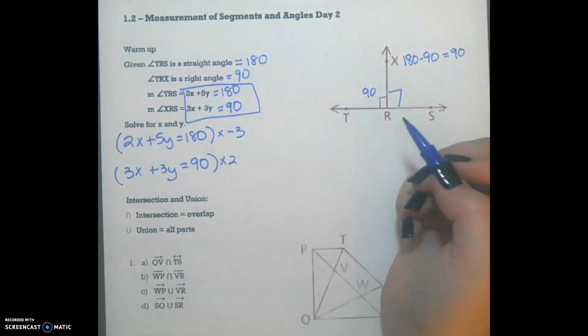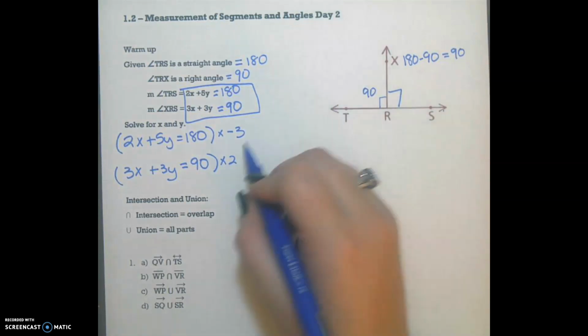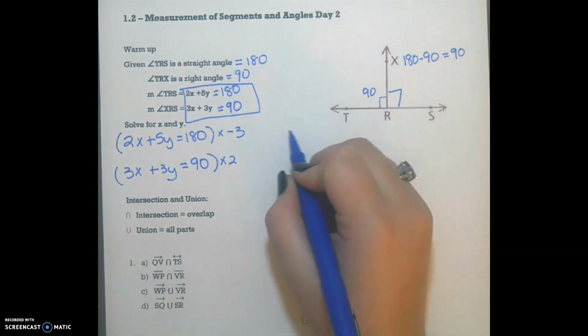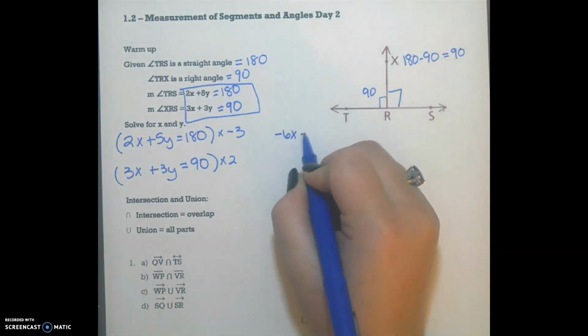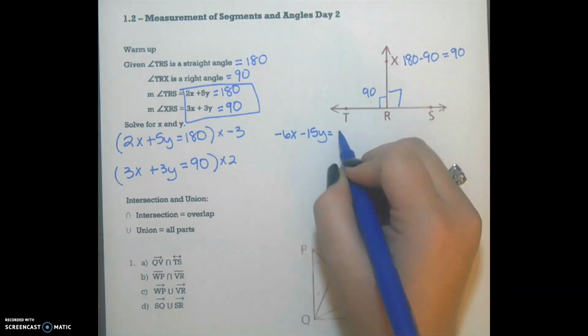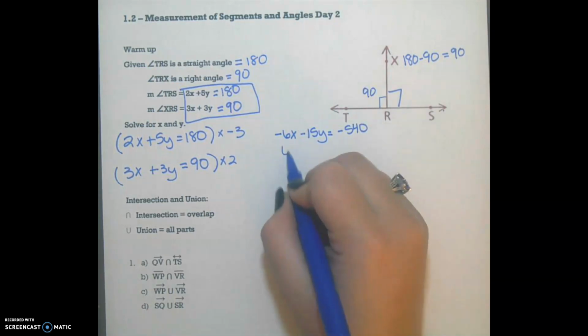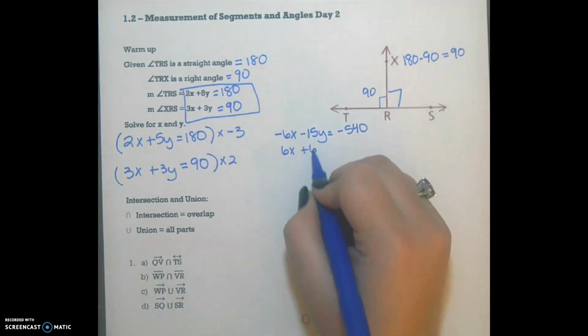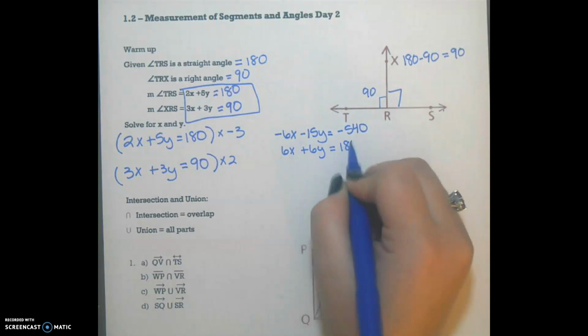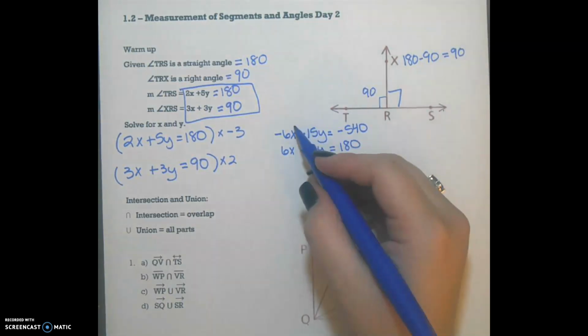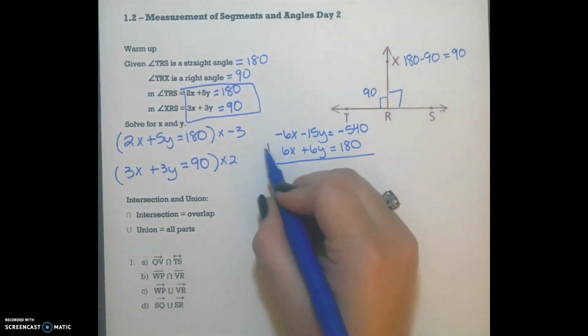After I multiply all of my terms, I get negative 6x minus 15y is equal to negative 540. And my bottom equation is going to be 6x plus 6y is equal to 180. I want to now add up my two equations.